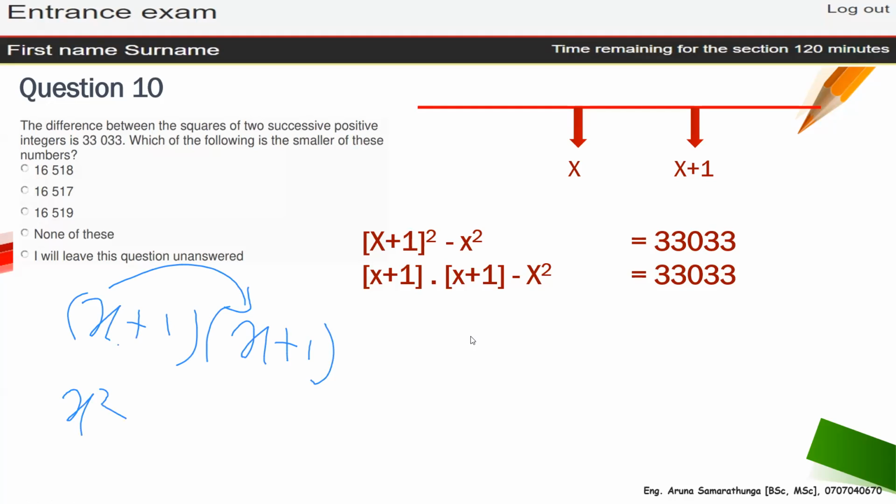Then this x multiplied by the 1 here gives plus x, and the other one gives another x. Then 1 multiplied by 1 is plus 1.